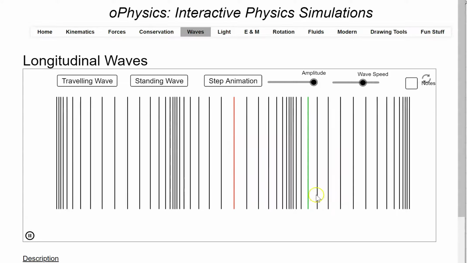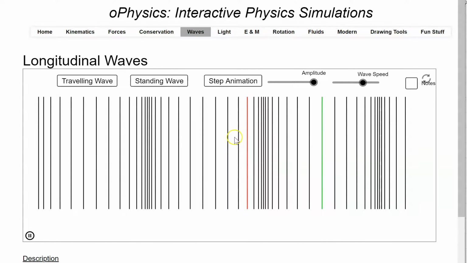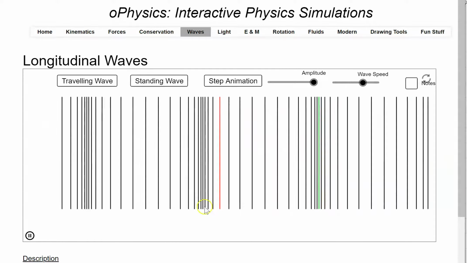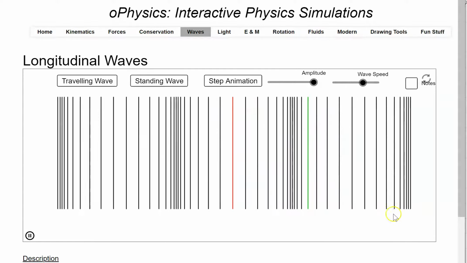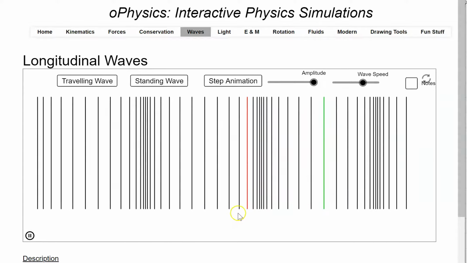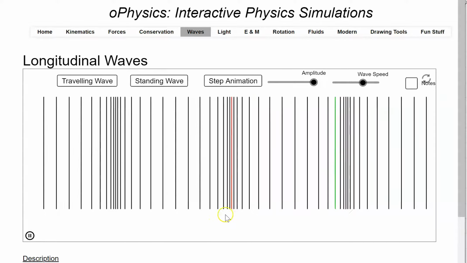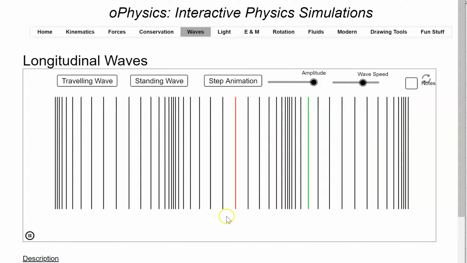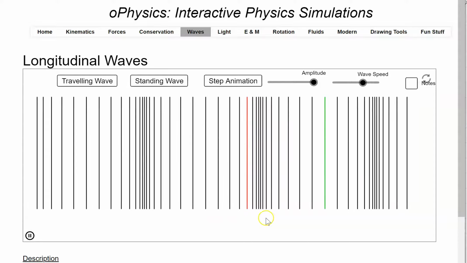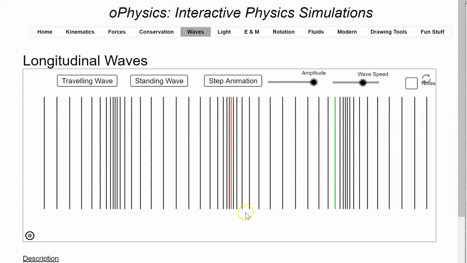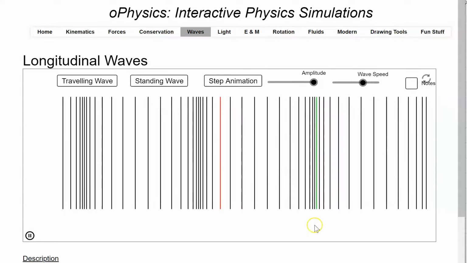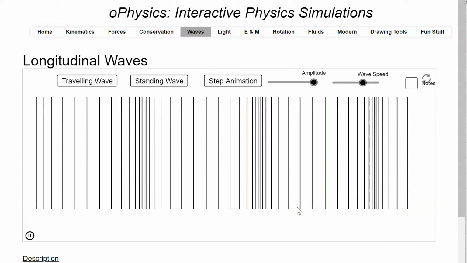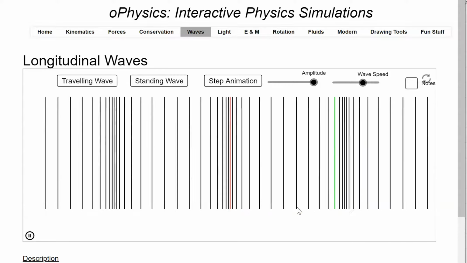So the wave moves, but most importantly, each individual particle of air, it actually doesn't move very far. And it definitely doesn't move the whole way from left to right. So if you follow the red coloured particle here, all it's doing is vibrating back and forth. It goes up and then it goes back. And so every single particle in the air, it just moves back and forth a little bit, but that's enough to make the whole wave transfer a long distance.